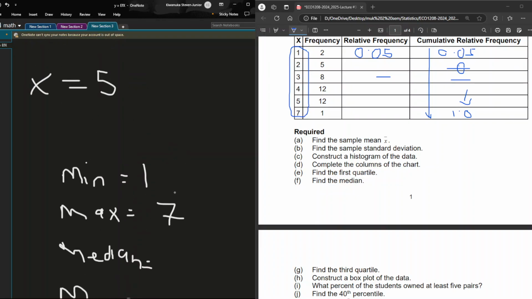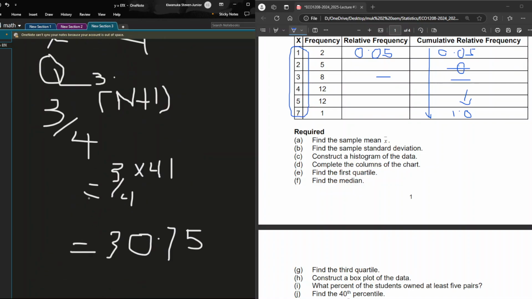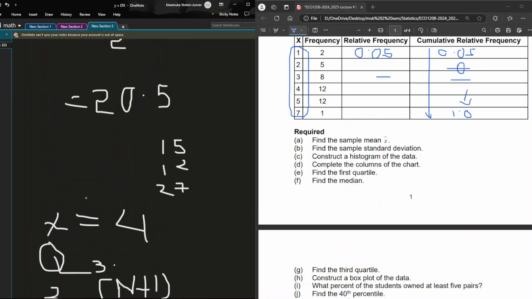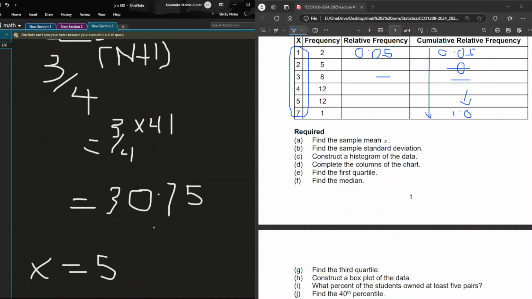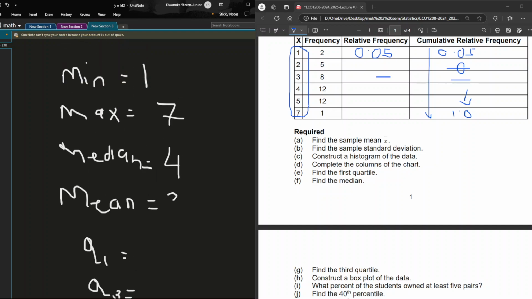Our median, we've got median as 4. Our mean was 3.775.